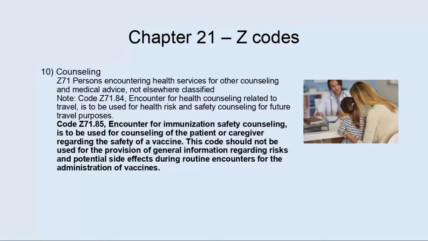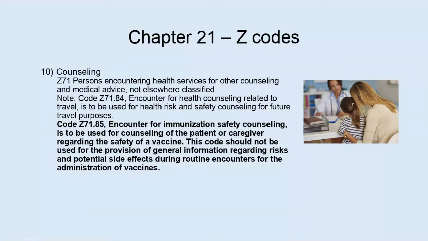The guidelines for counseling were also revised. A note refers to the new code Z71.85, Encounter for Immunization Safety Counseling. We can all figure out why this was added. The guideline says code Z71.85 is to be used for counseling of the patient or caregiver regarding the safety of a vaccine.